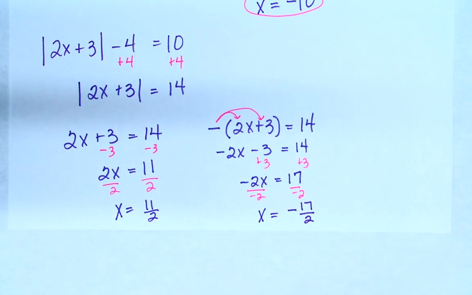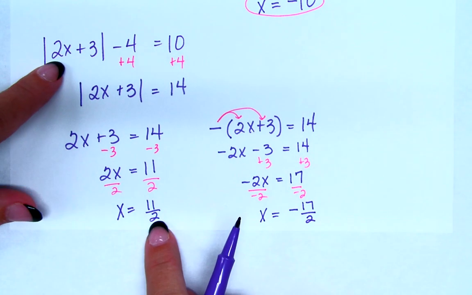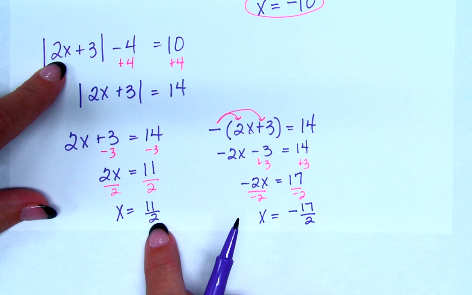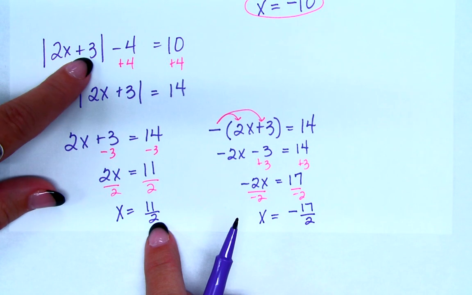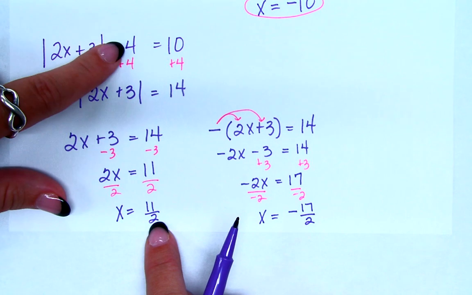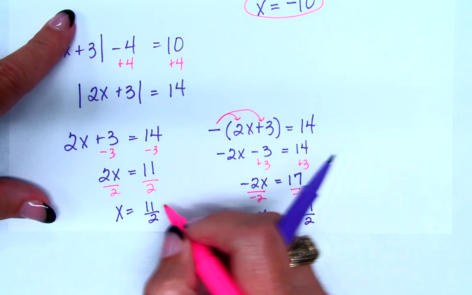Are they correct? Yes. Well, 11 over 2 times 2 is 11, right? 11 plus 3, absolute value of 14. 14 minus 4, does 10 equal 10? Yes. So I know that one is correct.